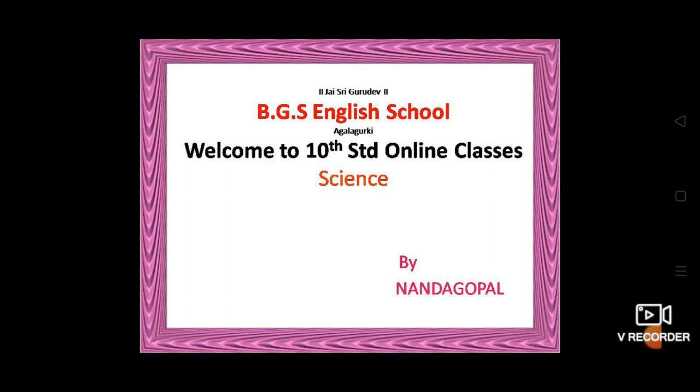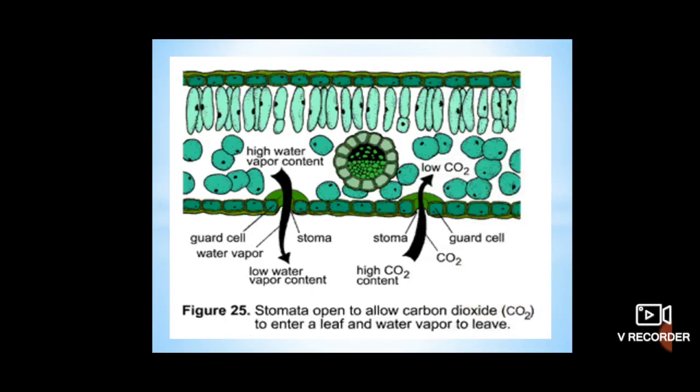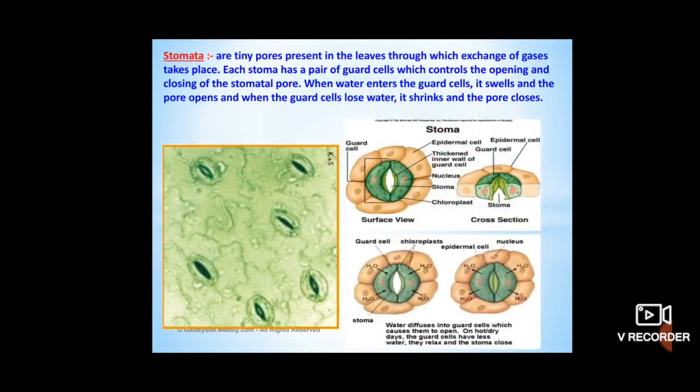Dear children, in this session also we are going to discuss more information regarding the nutrition process. I hope you understood the previous video. Yes, children. Now we are going to discuss how the exchange of gases takes place in the plant.